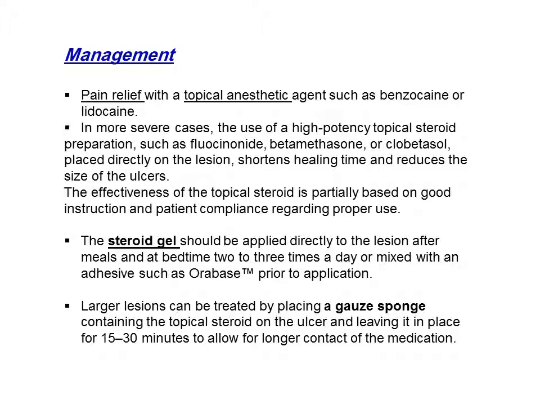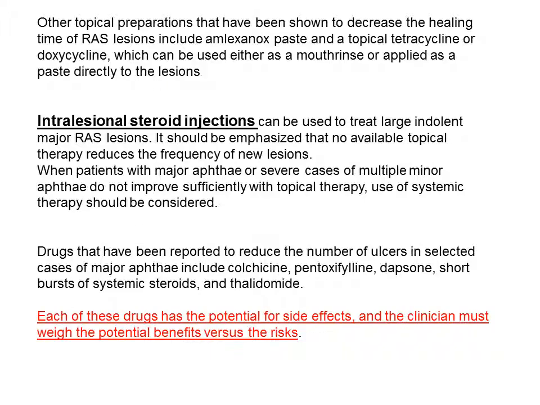Larger lesions can be treated by using a gauze sponge, leaving this spongy gauze on the ulcer in place for 15 to 30 minutes to allow a longer period of contact of the medication.